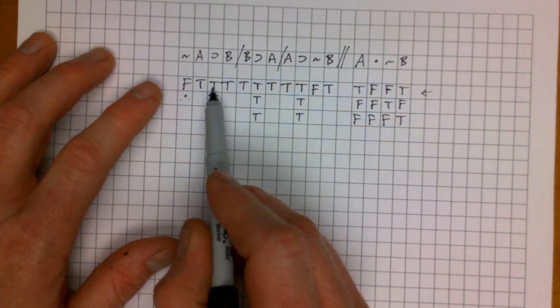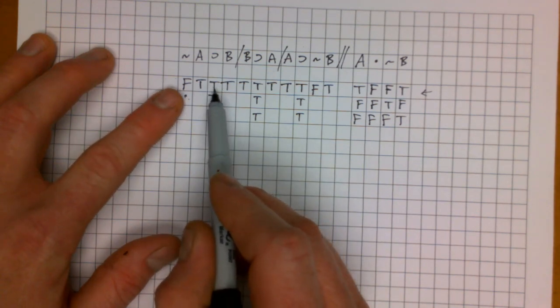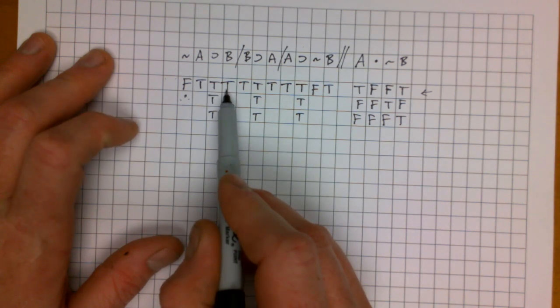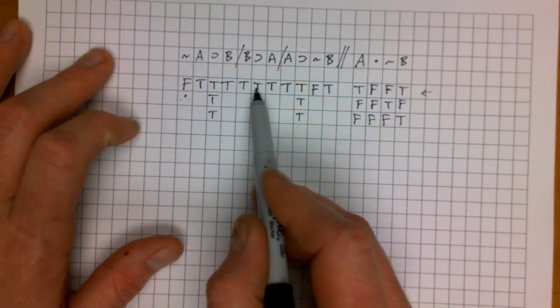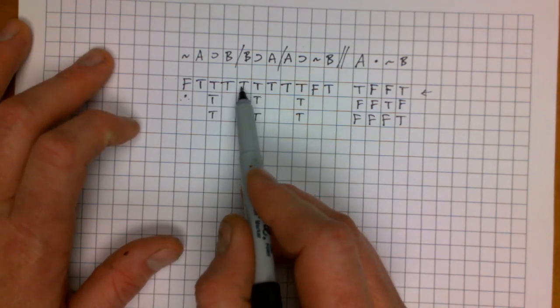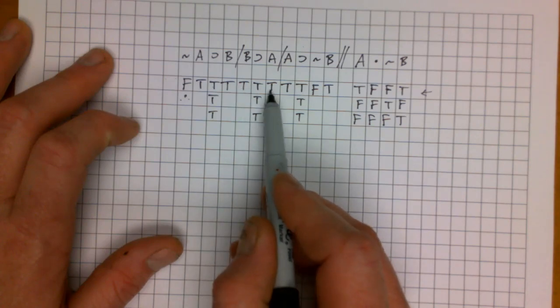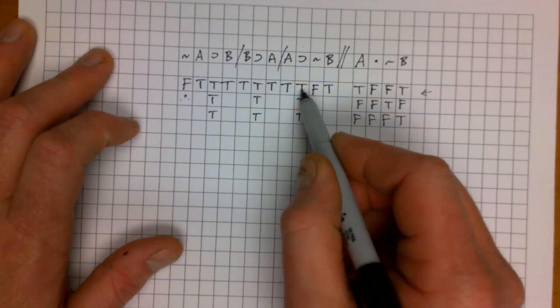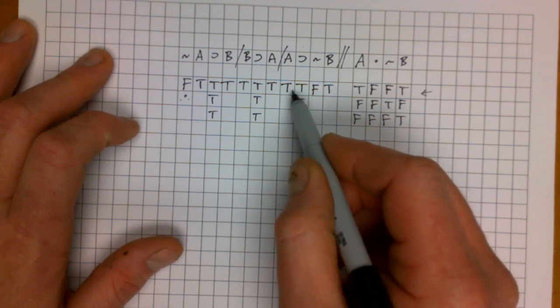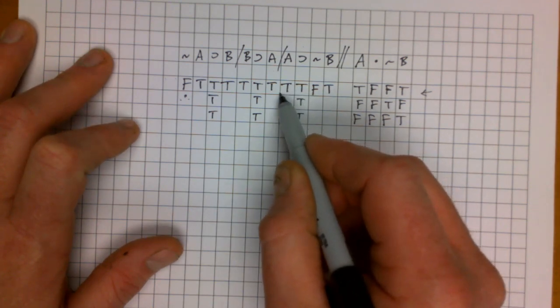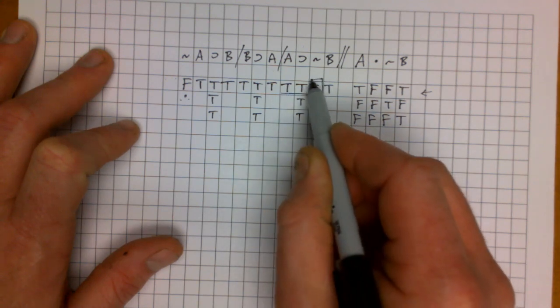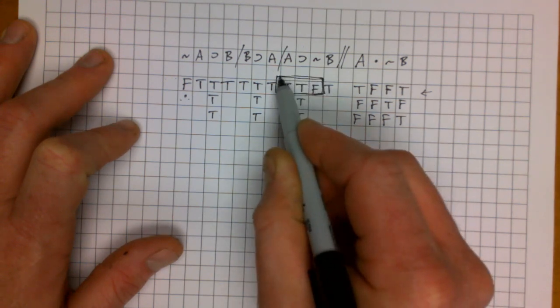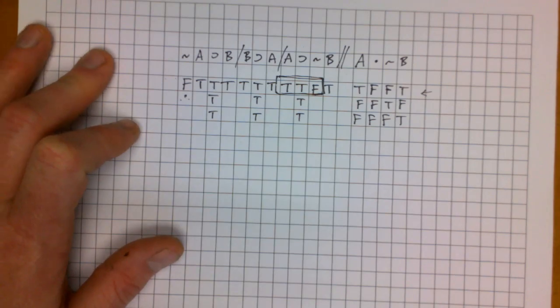So this conditional claim is true, and that's fine. The antecedent is false, and the consequent is true. This conditional claim is true, but that's fine because the antecedent is true and the consequent is true. This conditional claim is true, but notice the antecedent is true and the consequent is false. So I reached a contradiction there.